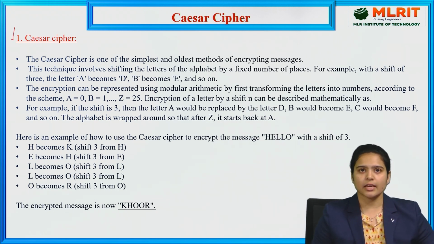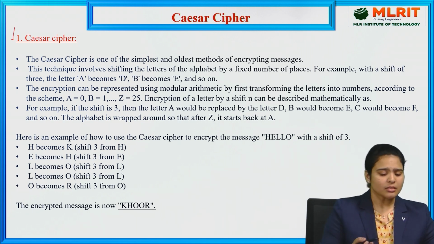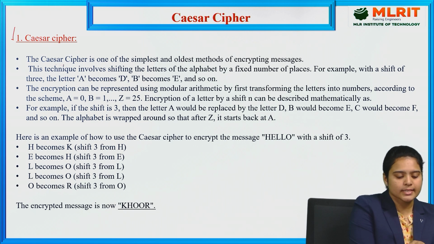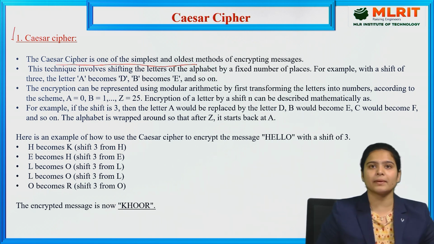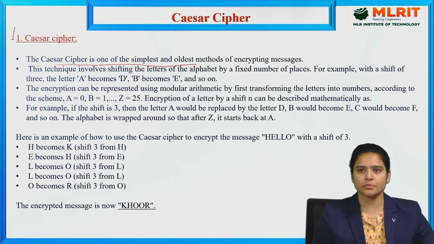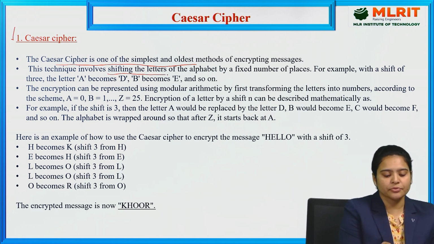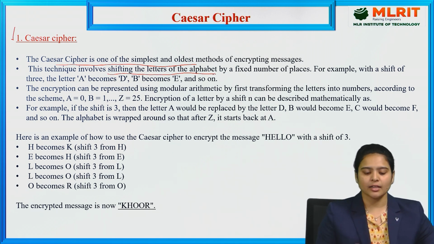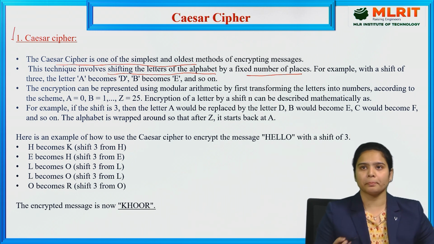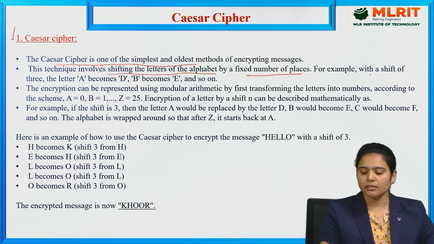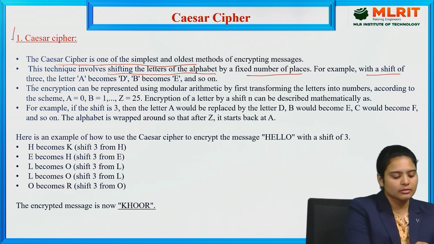The Caesar cipher is one of the substitution techniques. It is one of the simplest and oldest methods of encrypting messages, and it involves shifting the letters of the alphabet by a number of places. For example, a shift of 3 letters.